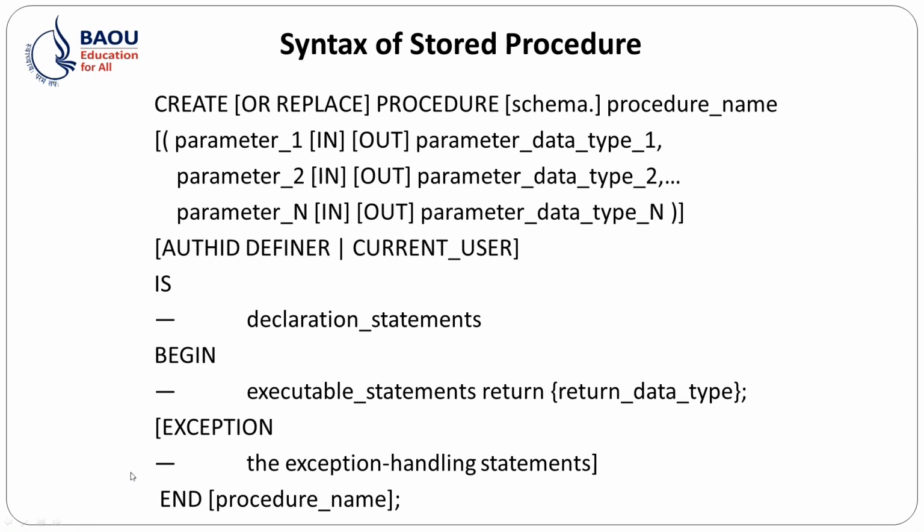An exception section handles any error in the execution part of the begin. If there is any error in the begin part, then it will be handled by the exception section, if you write this section. Here the exception section is in a square bracket, which means it is optional, and then END.